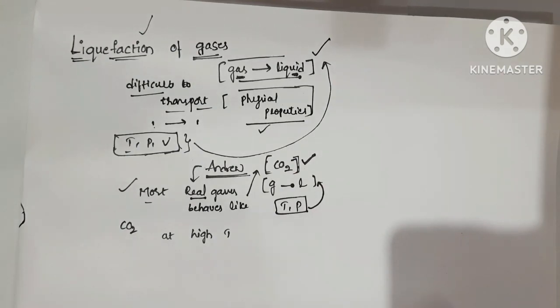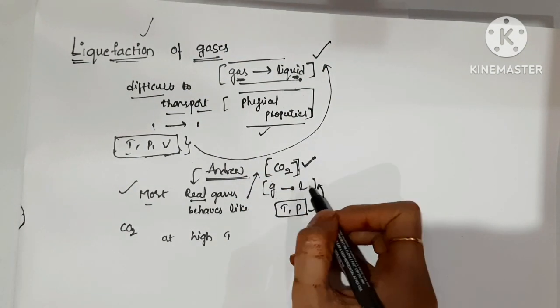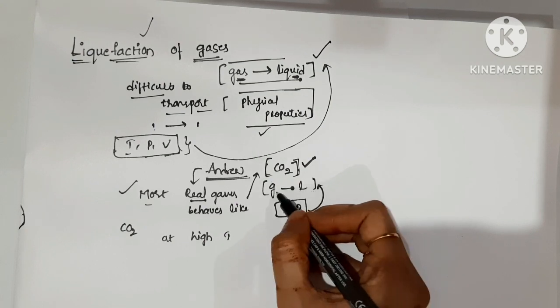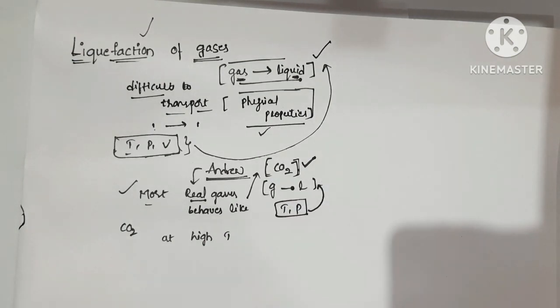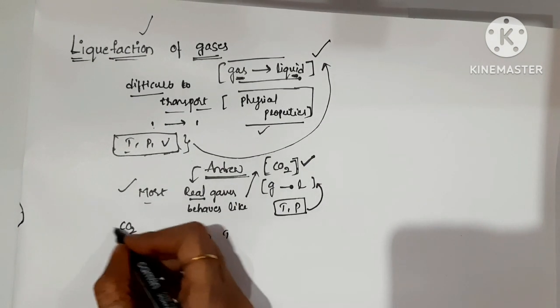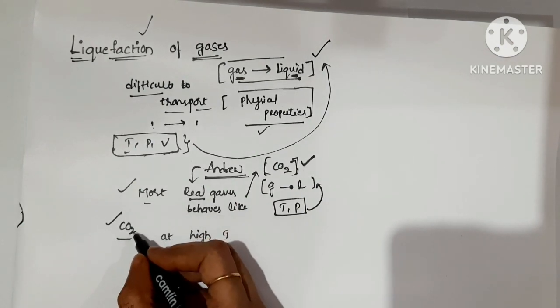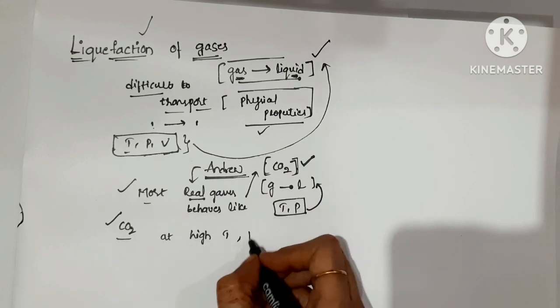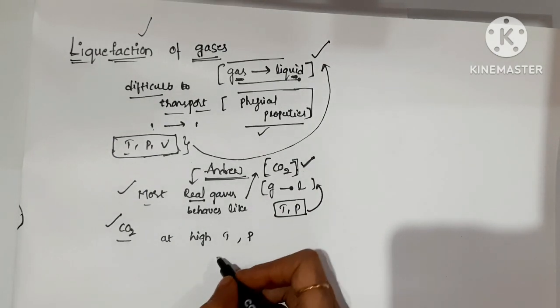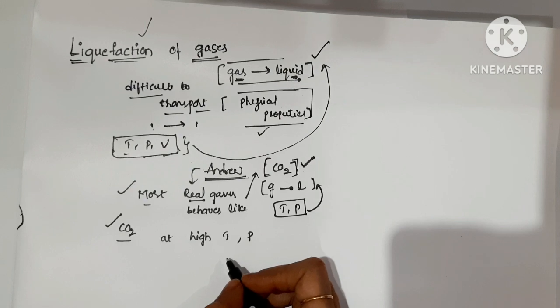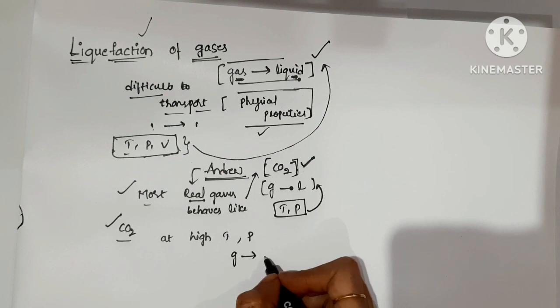So liquefaction means transformation from gas state to liquid state, right? Thomas Andrews discovered, in the experiment on CO2, that CO2 gas at high temperature and high pressure cannot be transformed from gas to liquid.